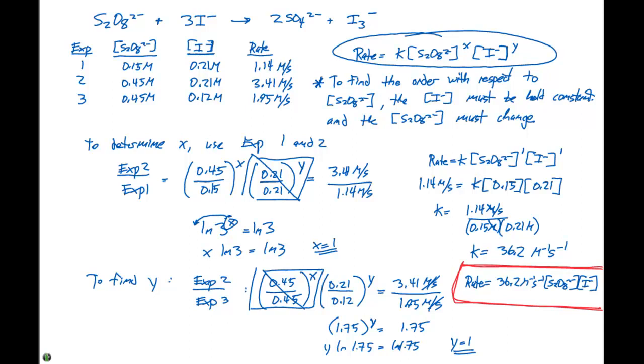And here I just picked the first one. We get 36.2. So our overall rate law is 36.2 molar to the minus 1 second to the minus 1 times the concentration of S2O8 to the first power times I- to the first power, which is written down here inside this red box.